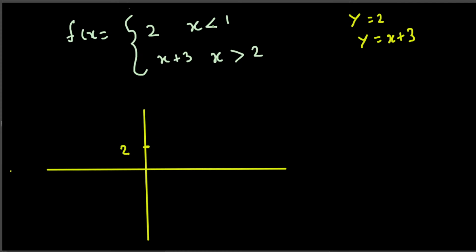but there's a condition that is, okay. Let me remove this one. Y is equal to 2 is a straight line. It is like this, it's going from negative infinity to positive infinity, but here we have to stop at 1.